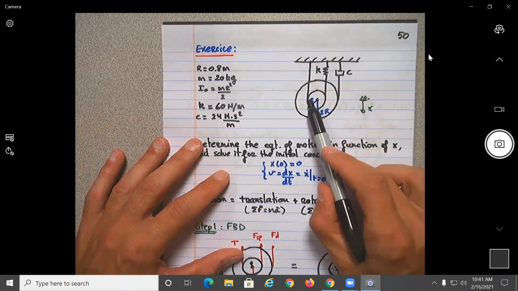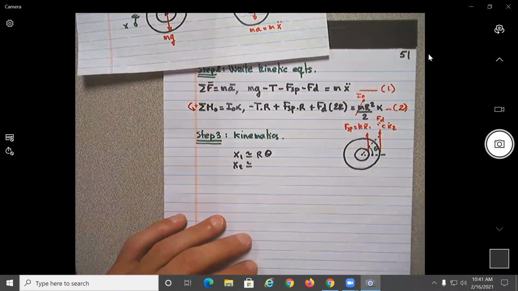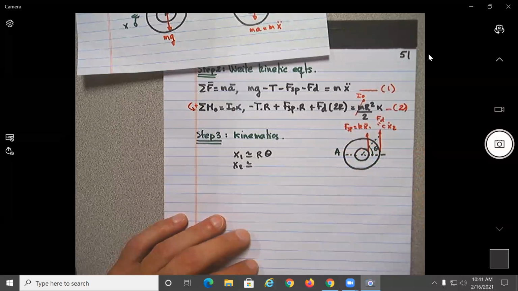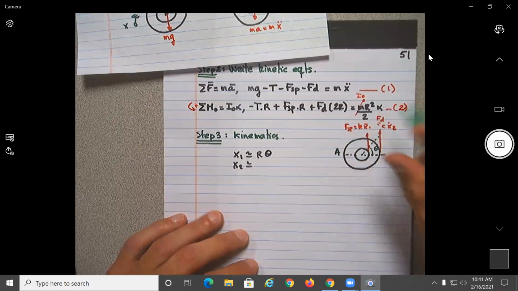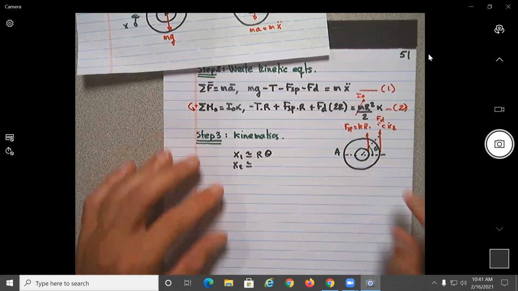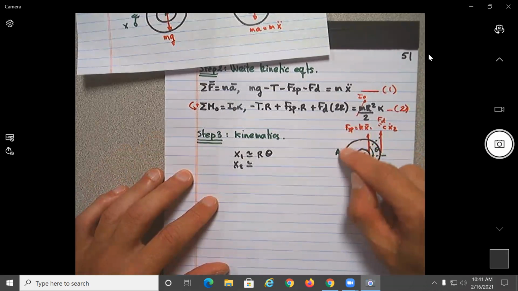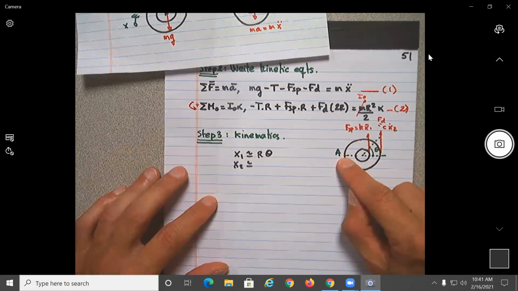So from this point, let's call it A, what would be the motion of this point over here? It will look like this pulley here is sliding from point A, no? Yes?